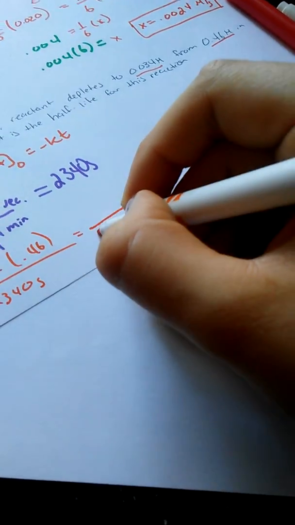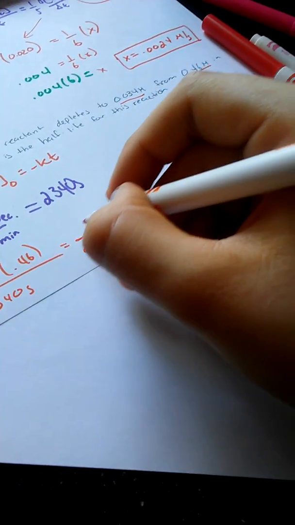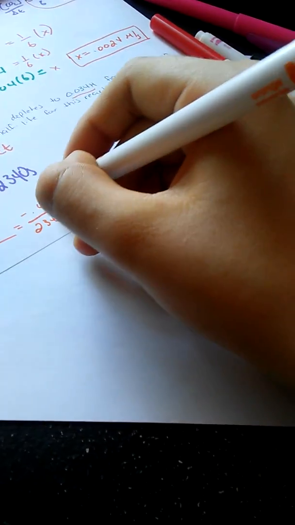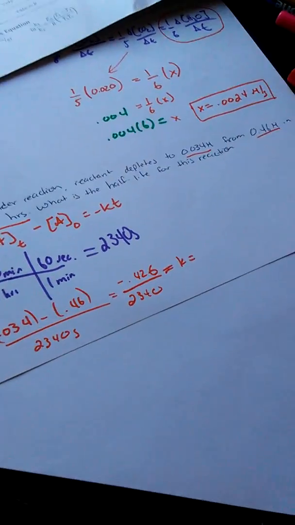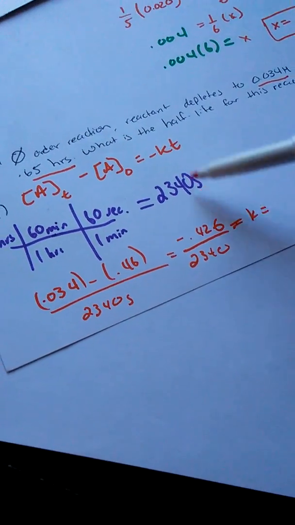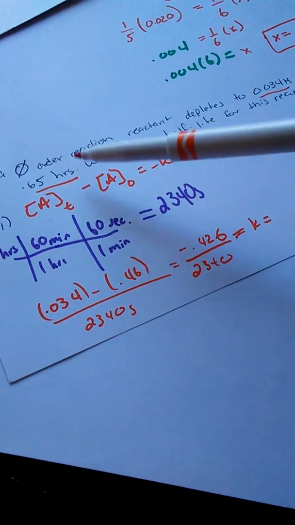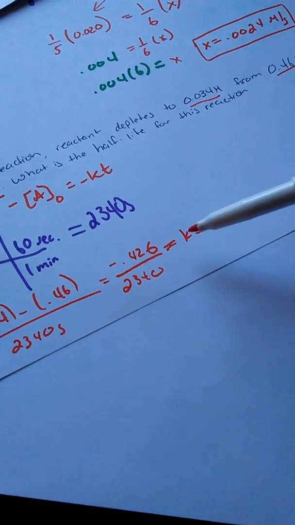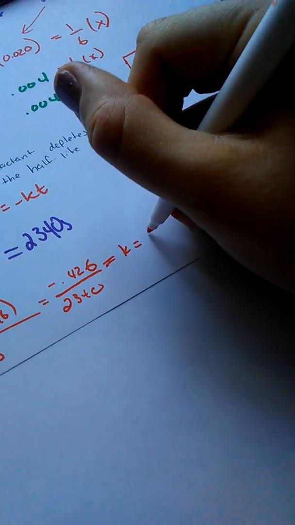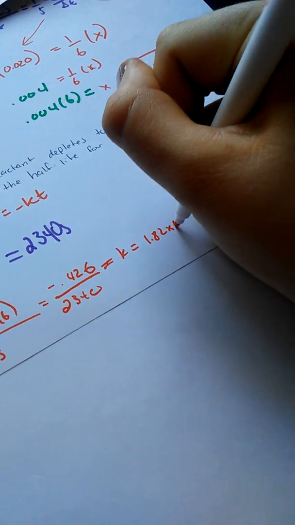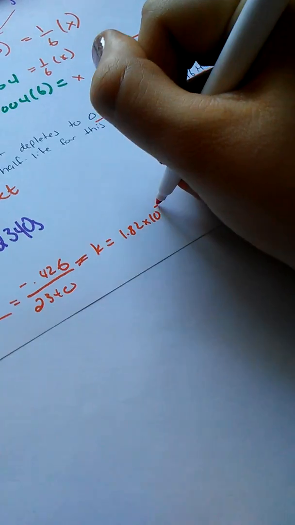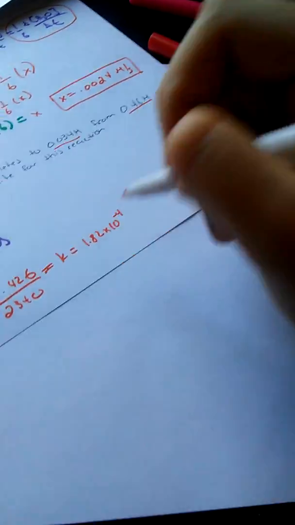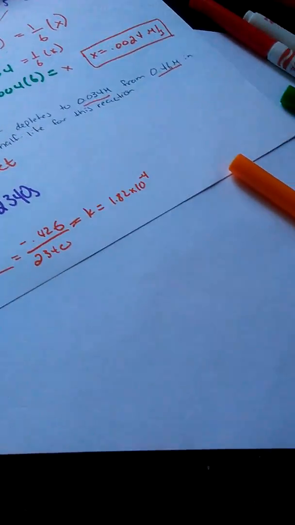We solve for this and we get negative 0.426 for the top. When we divide At minus A naught by our time, we get our k. Our k is going to be 1.82 times 10 to the negative 4. All right, we got that. But this is only part one of our two-step solution.